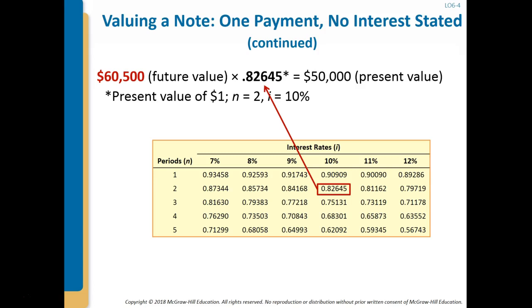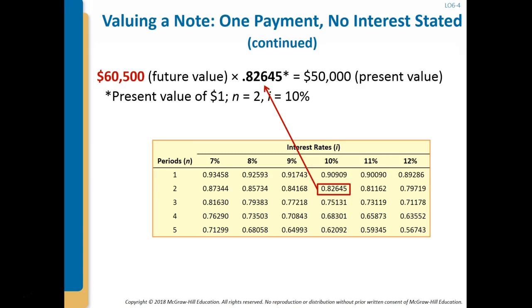Even though the agreement states a non-interest-bearing note, the $60,500 does include the interest for the 2-year period of the loan. We need to remove the interest portion of the $60,500 to determine the portion that represents the sales price of the shoes. We do this by computing the present value. Again, using the present value of a dollar table, $60,500 future value times 0.82645 equals $50,000, the present value.